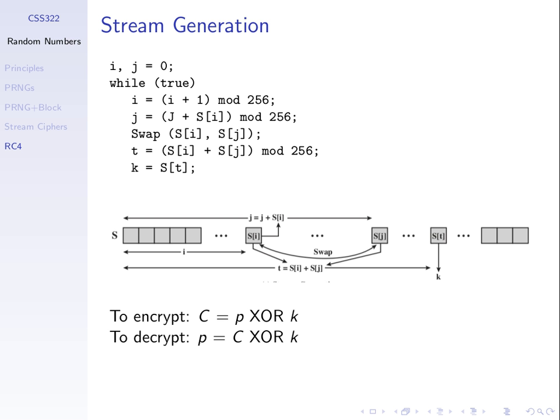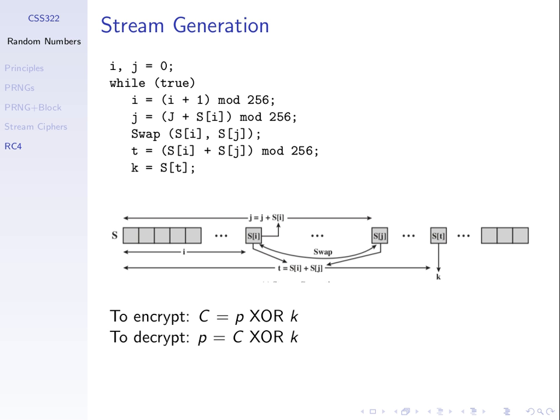What have we got? So first step, i and j are initialised to 0. i equals i plus 1, that is i equals 1.